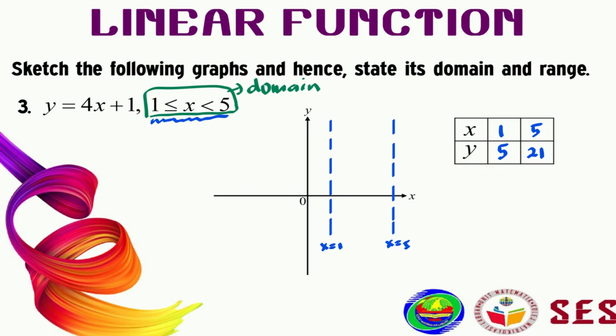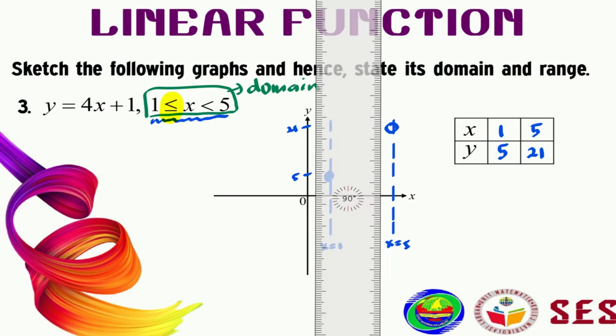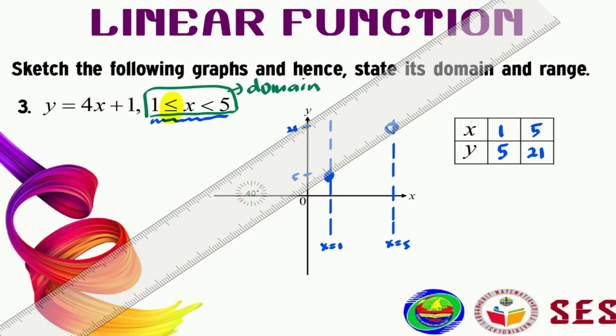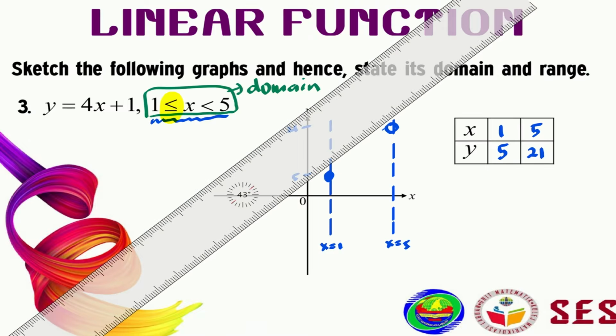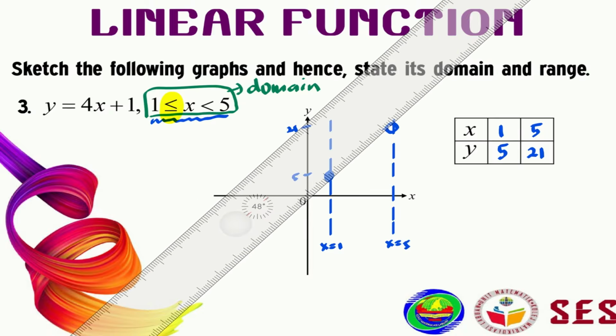When x equals 1, y equals 5, somewhere around here. When x equals 5, y is 21, let's say it's here. For this one we have the included sign, so it should be a full circle here, and we need an empty circle somewhere around here. Then we join the 2 points in order to get our straight line.